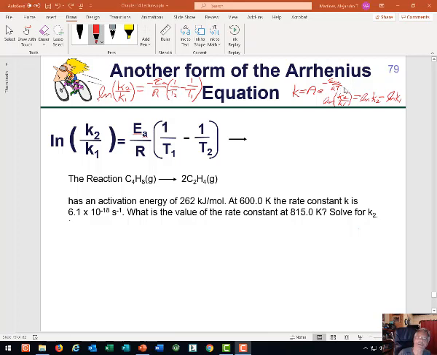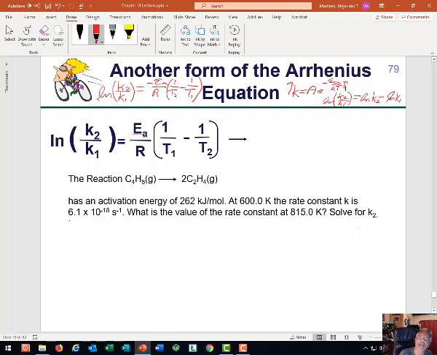Essentially it works like this: if you raise the temperature, you raise the rate constant, and if you raise the value of the rate constant, you raise the rate of the reaction.